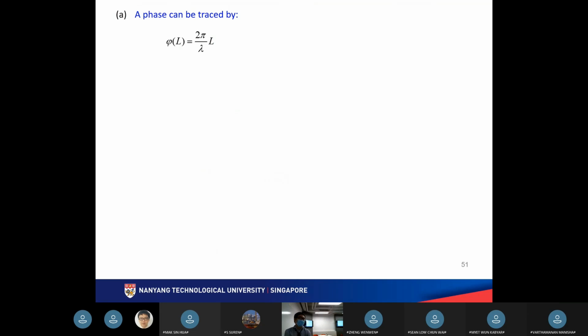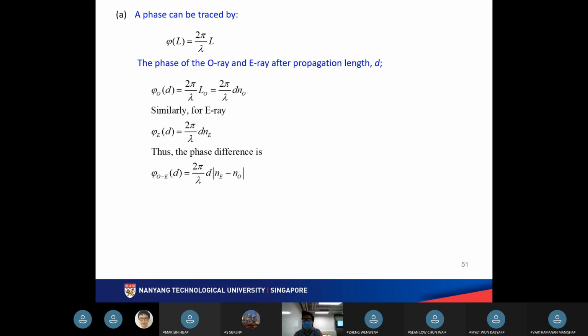So actually this question is quite easy. It tells you to apply the relationship between phase difference and optical path. The phase and optical path have this relationship: 2 pi divided by lambda times L, where L is the optical path.